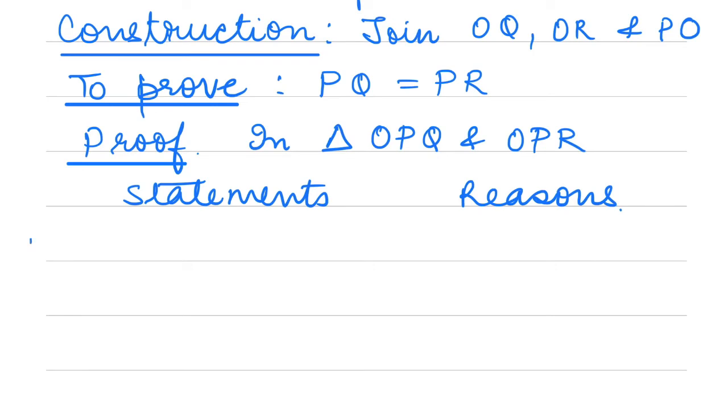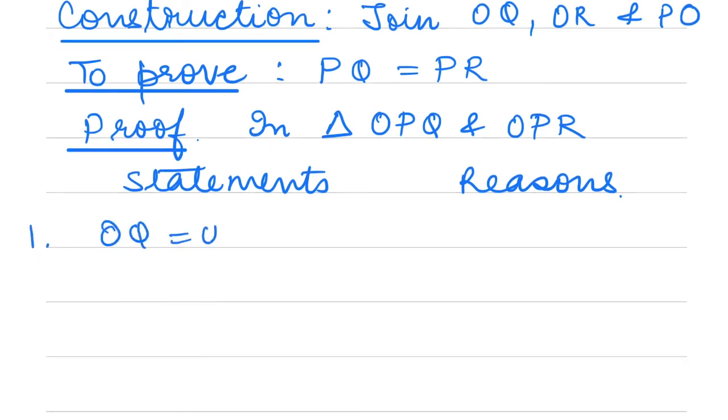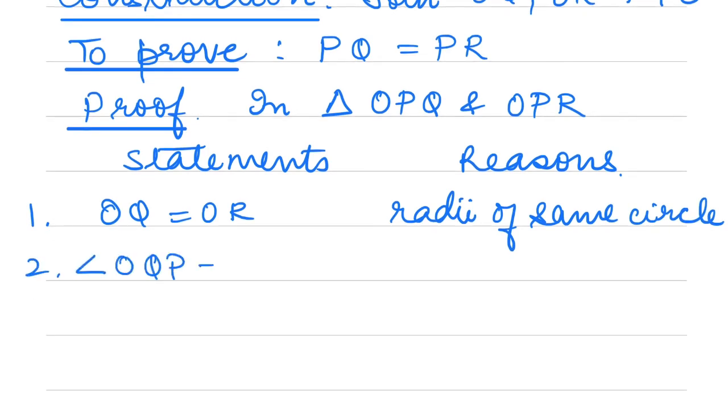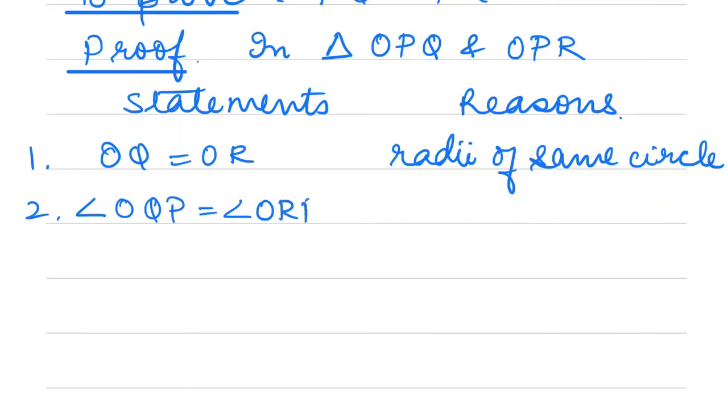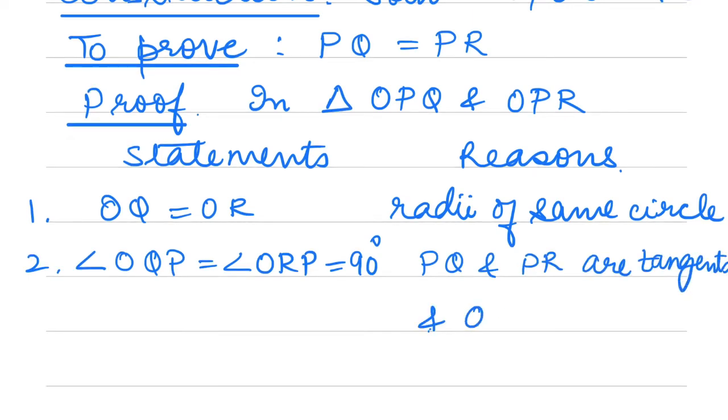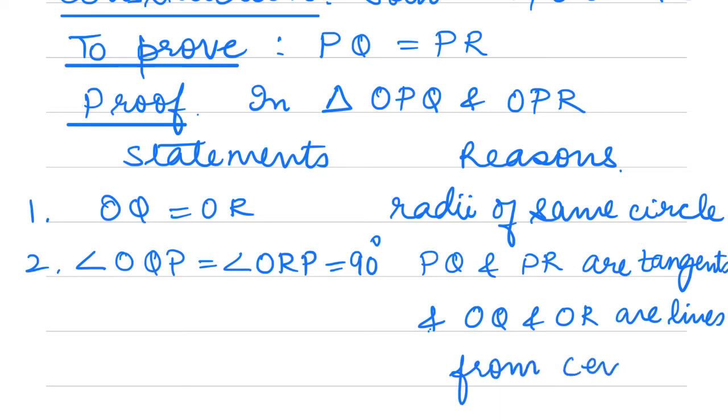Statement 1, OQ is equal to OR. Reason: both are radii of the same circle. Second point, angle OQP is equal to angle ORP is equal to 90 degrees, because PQ and PR are tangents and OQ and OR are lines from the center.